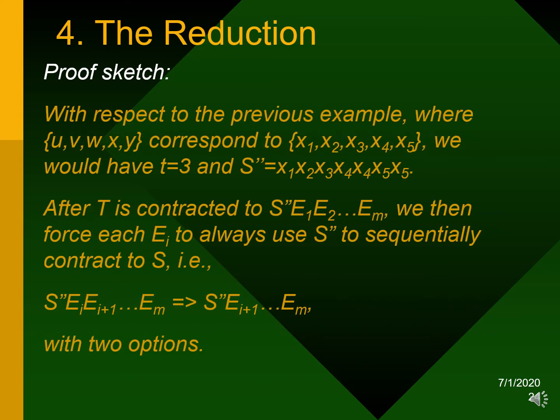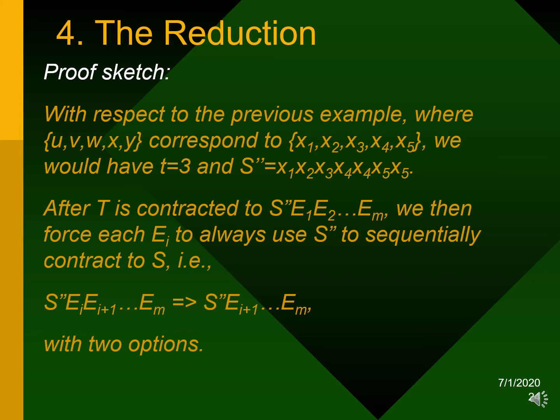So after T is contracted to S double prime, followed by the capital EIs, E1 to EM, we force each EI to always use S double prime to sequentially construct S. So in other words, sequentially we construct S double prime, EI plus 1 all the way to EM, to S double prime, EI plus 1, etc. So this EI would be eliminated.